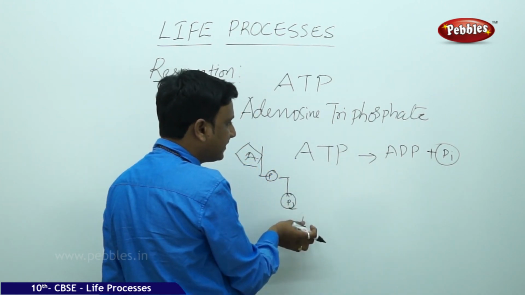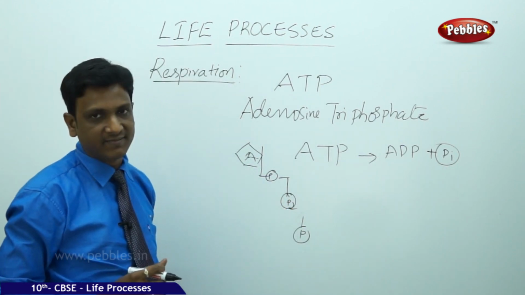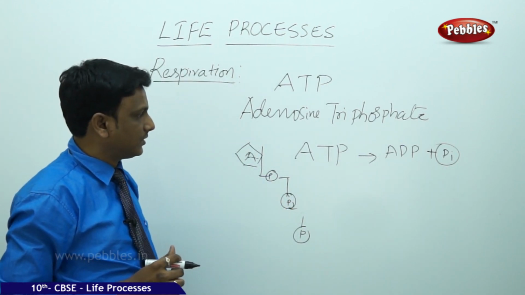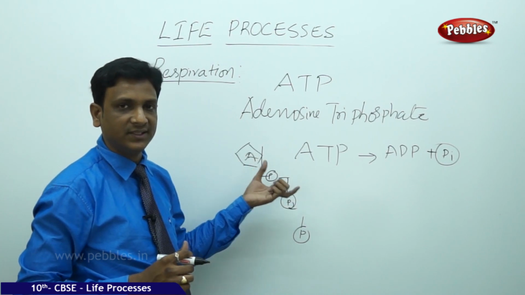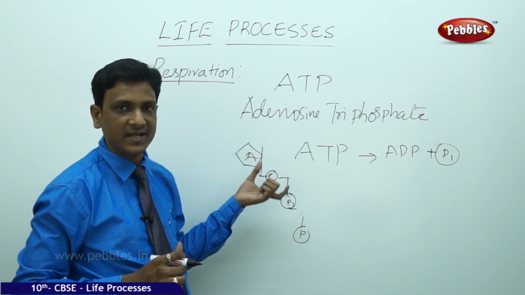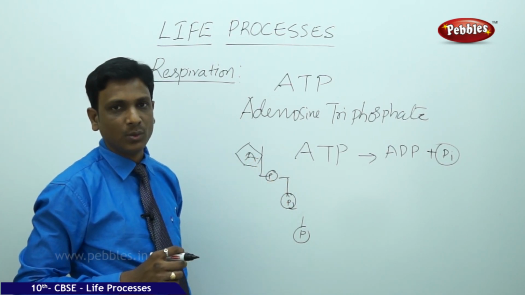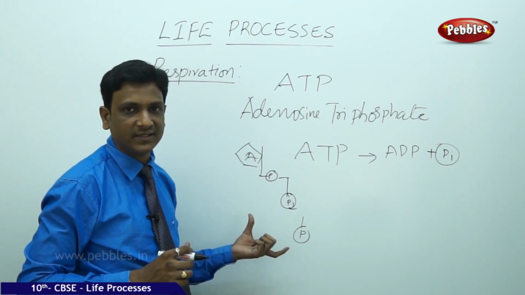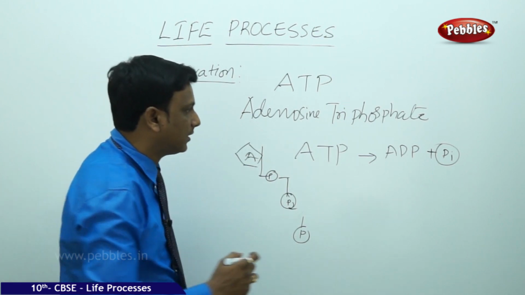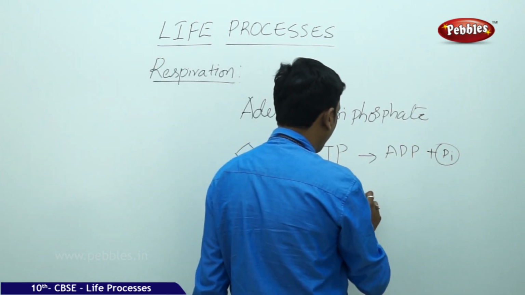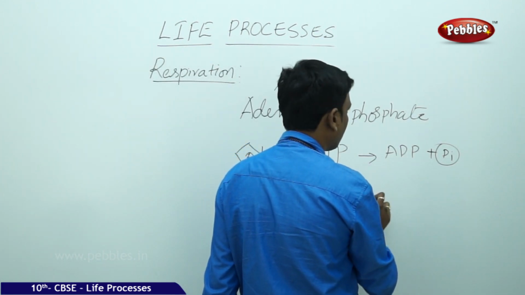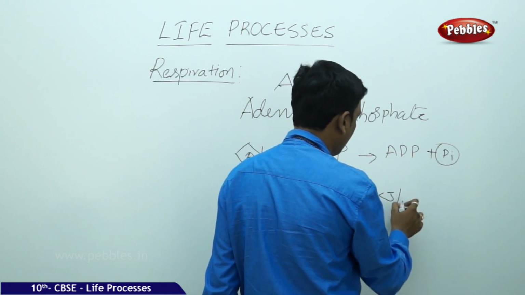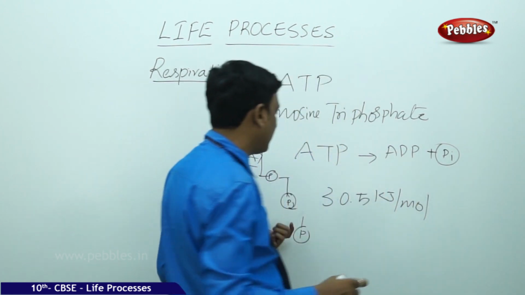When this breaking takes place, energy is liberated and used by that reaction. In this way, the ATP, the energy currency molecules, are utilized inside the cells. When the terminal phosphate of an adenosine triphosphate is split by a water molecule, we get 30.5 kilojoules per mole of energy. So this much energy is released.